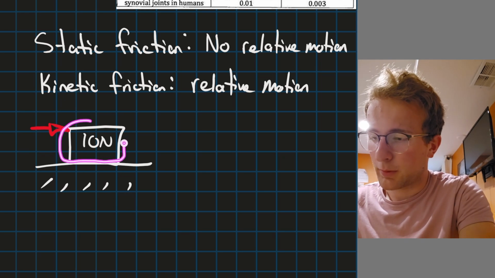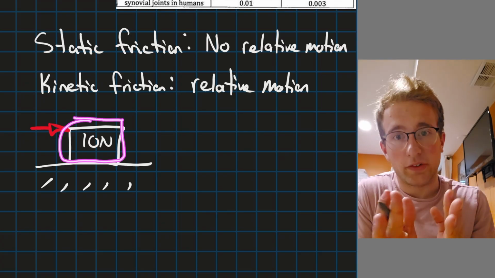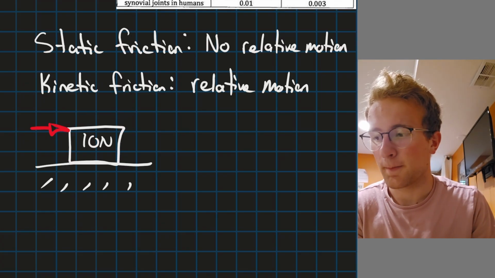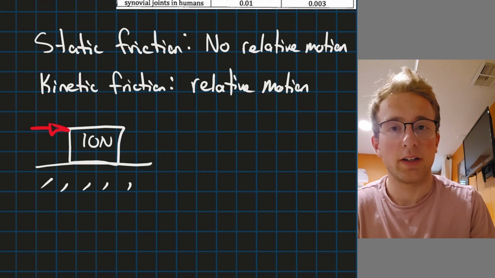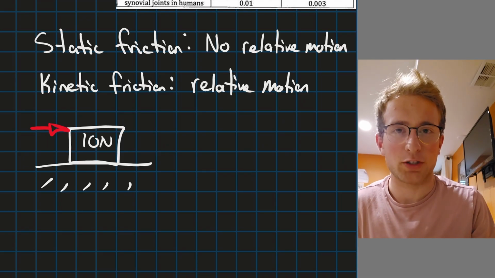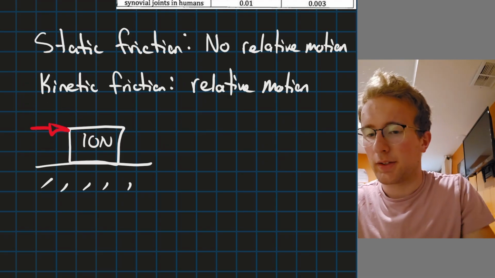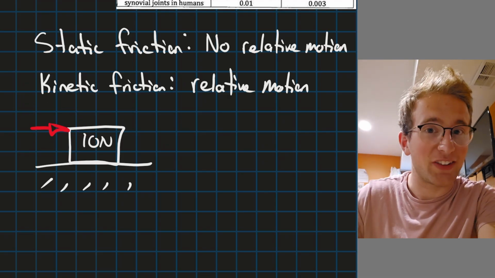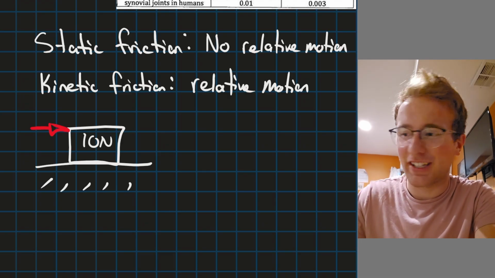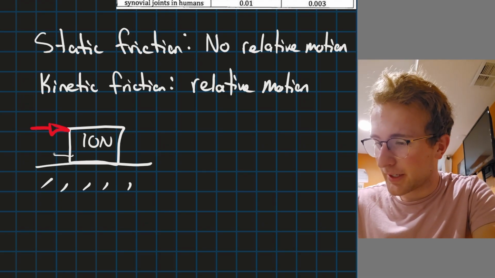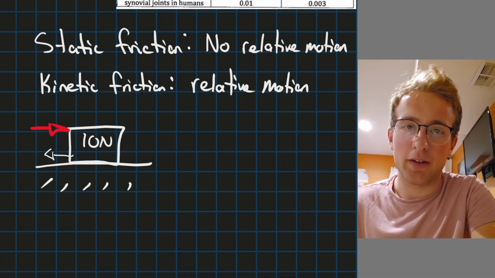If this box is not moving at first, this box wants to start moving to the right clearly, because we apply a force to the right. So we can do the sum of the forces in the x direction. We just get this. So it wants to move to the right. Friction doesn't like that. Friction opposes motion. So what happens is there's a frictional force on the box to the left.